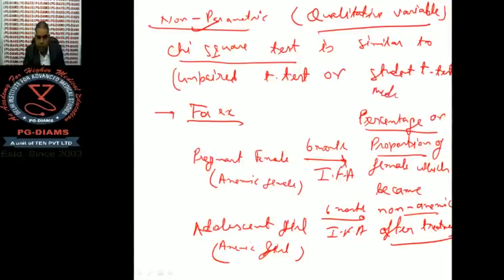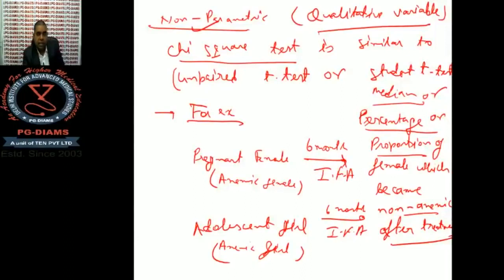Okay? And quantitative test is known as parametric test. They measure in terms of mean increase or mean decrease in hemoglobin level. Okay? These are some of the differences.